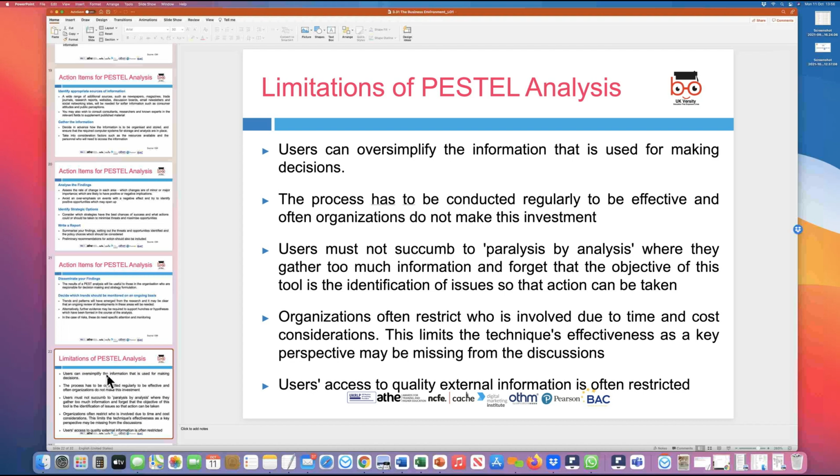And if, as a store, they do not invest in the e-commerce infrastructure, they'd be losing out on sales, and Amazon would be taking away a lot of sales from them. So when you look at a lot of this information coming in and a lot of different types of factors affecting it, sometimes data has to be oversimplified or put into very simple terms. And that tends to be one of the limitations of this particular framework.